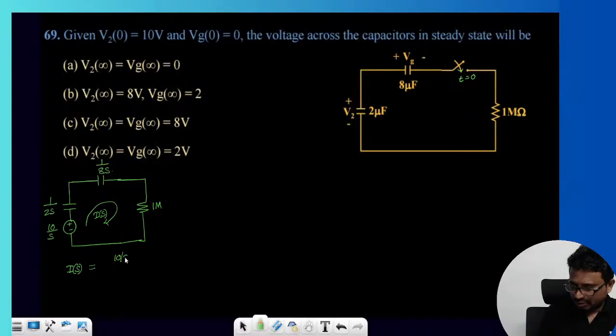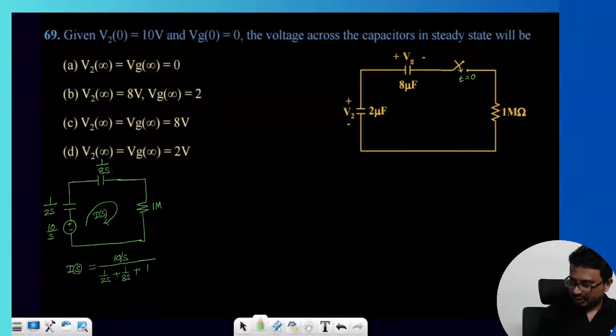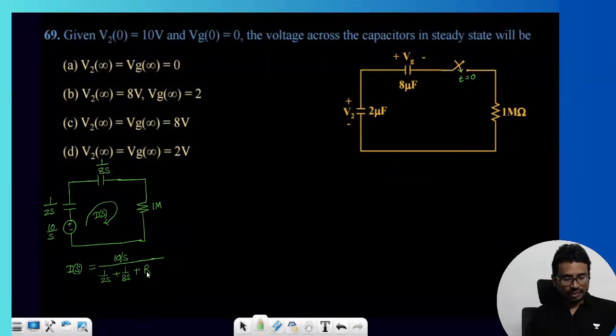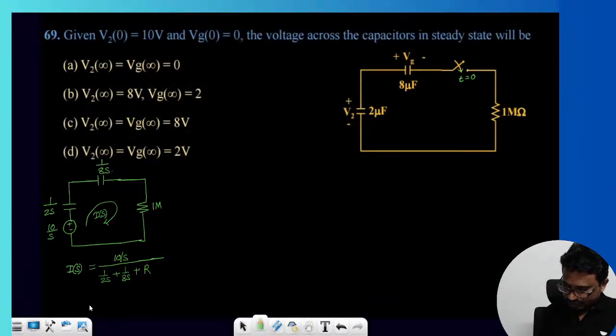It should be given as 10 by S over 1 by 2S plus 1 by 8S plus R, which is 1 mega. So simplify now, taking the LCM: this is 10 by S, and the LCM I can say is 8S, so then this is 4 plus 1 plus 8RS.